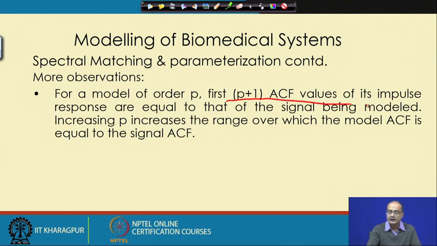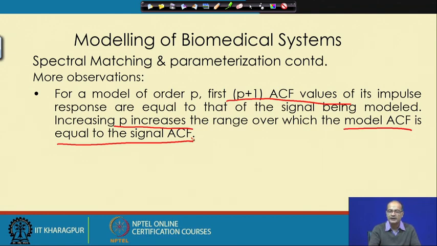So, the model impulse response has the same ACF as the first P plus 1 ACF values of the signal, and as P increases, the model ACF becomes more and more equal to the signal ACF.